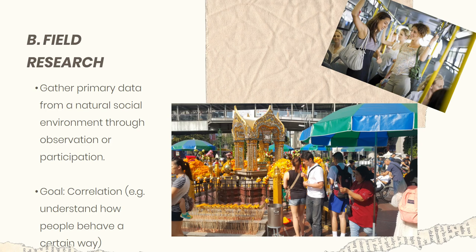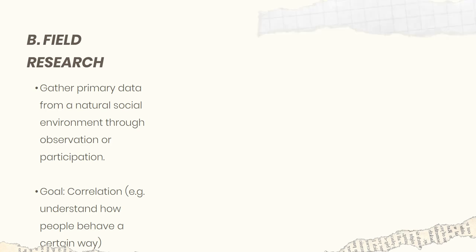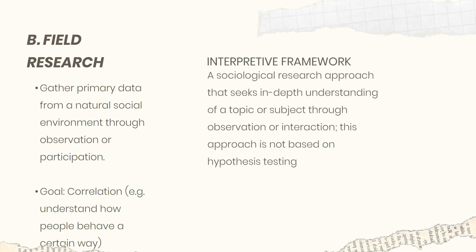You see the word how? So how here is trying to get at the meanings, the richness, the subjective experience or motivations that people have behind their behaviors or the ways in which they perceive the world. So in field research, the concept of an interpretive framework is very important.